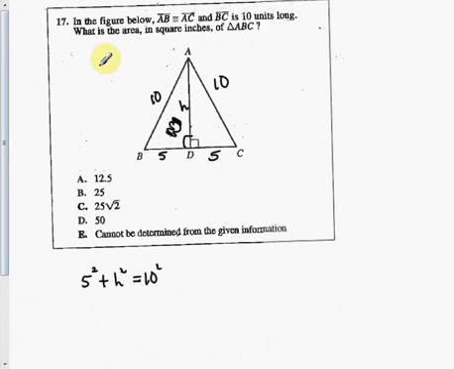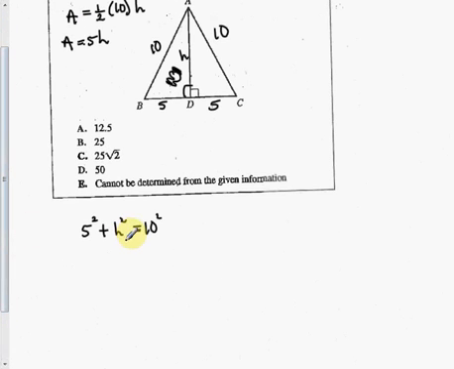The question is, what is the area in square inches of the triangle A, B, and C? The area is going to be 1/2 times the base. I know what the base is, that's 10, times the height, that's that h over there. So the area is going to equal 5 times h.